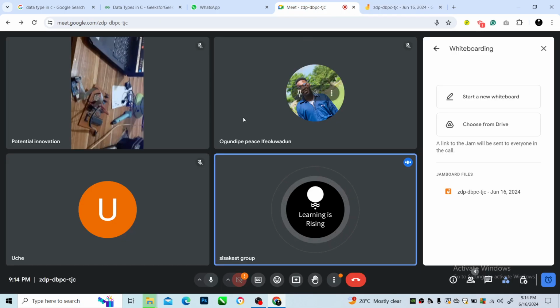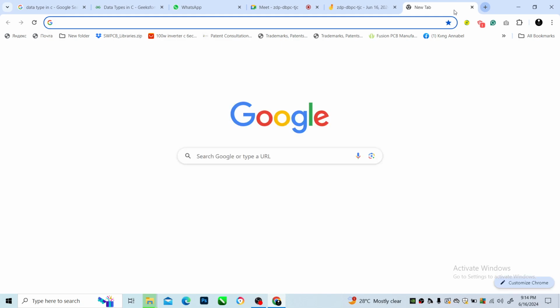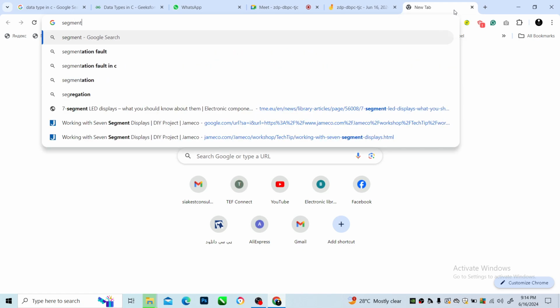On visuals, I said that the game towards visual actually started from LED, then from LED moved to the seven segment display. A seven segment display has seven LED diodes arranged in a particular format that forms the seven segment.